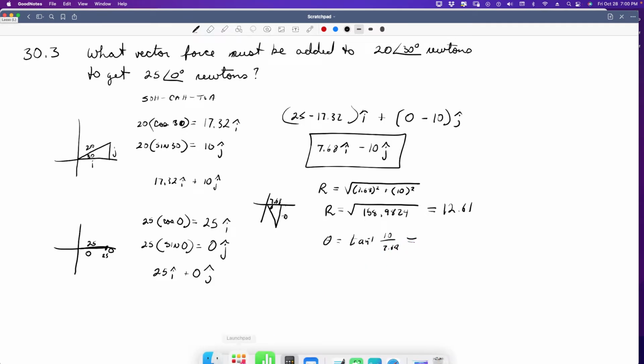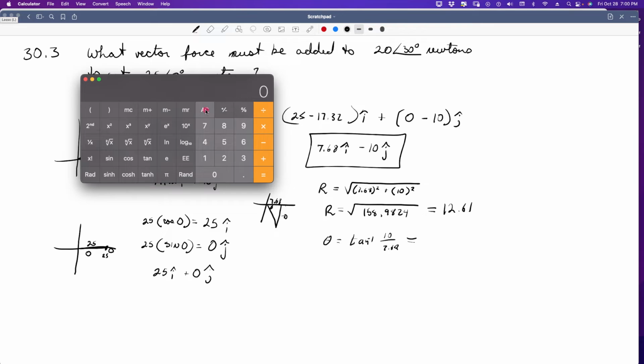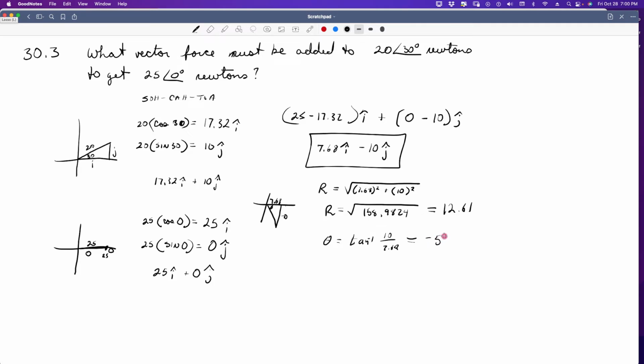And when we do the calculation on our calculator, we get 10 divided by 7.68. And then we do the inverse tan, and we get 52.48 degrees, and it is negative because we're measuring this way. So negative 52.48 degrees. So our resulting vector would be 12.61 at negative 52.48 degrees.